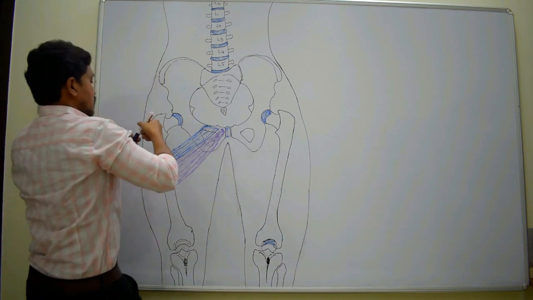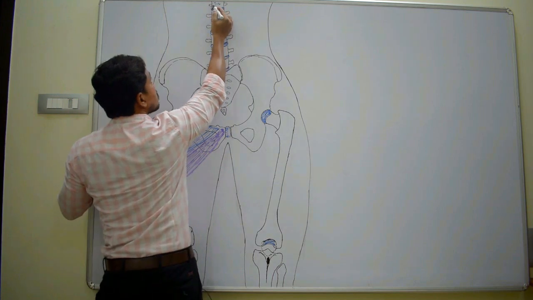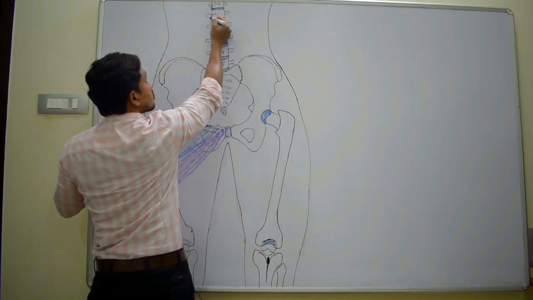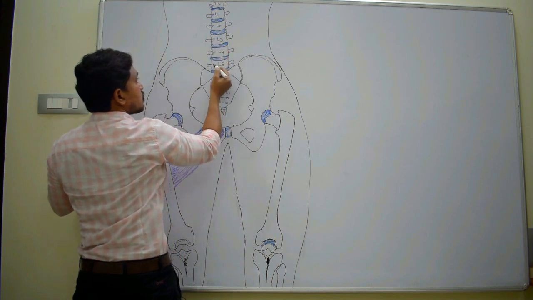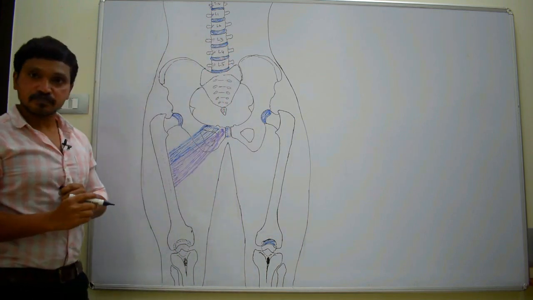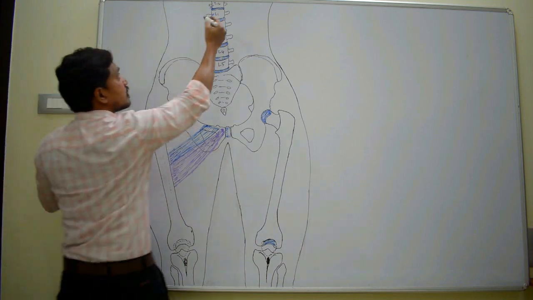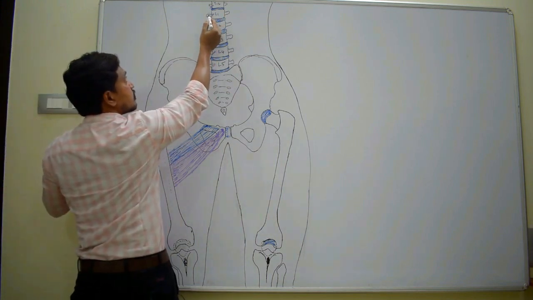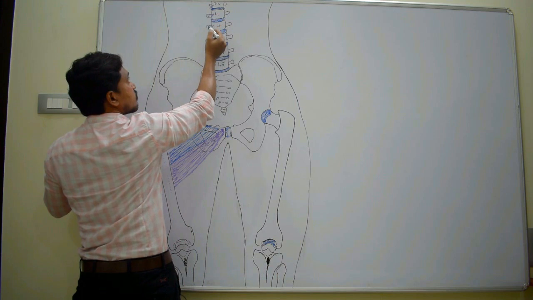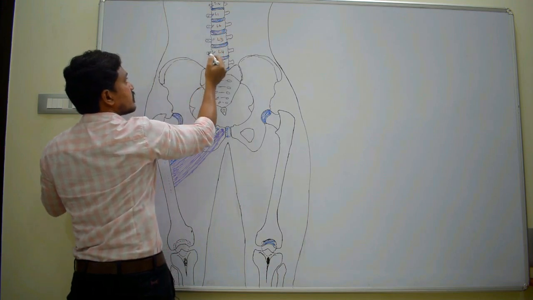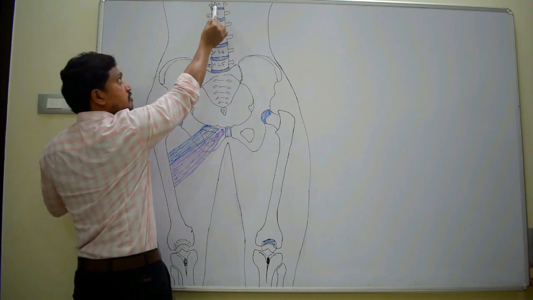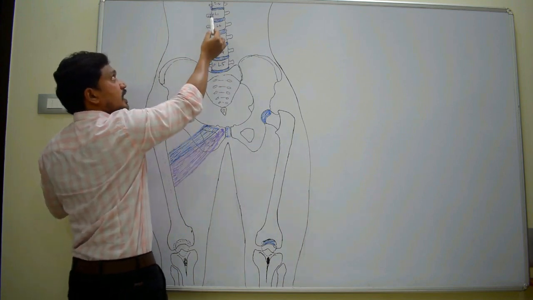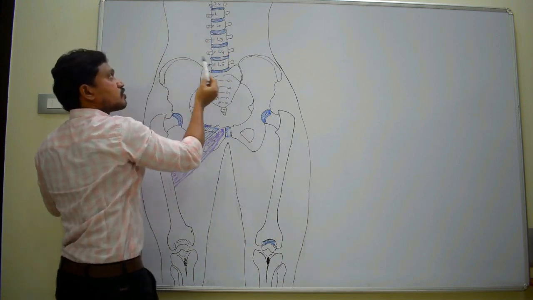So, bodies of T12 to L5 and anterior surface of the transverse processes of L1 to L5.